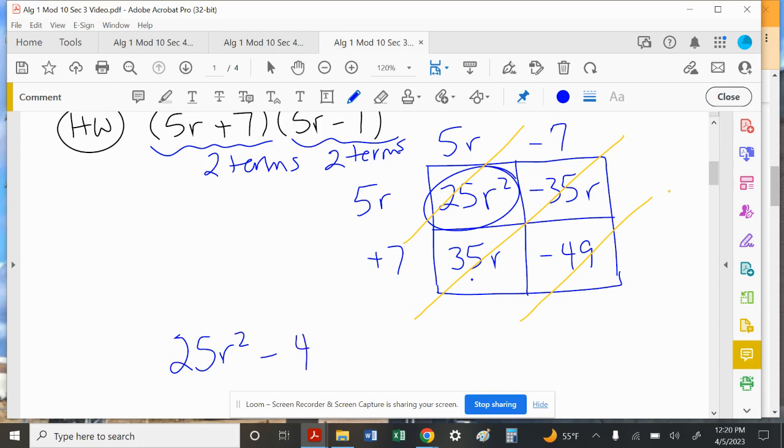And we finally have negative 49. That's my answer. And notice here that in the diagonals, you should have like terms along the diagonals. If you don't, you did something wrong. So you can always look at that and say, okay, did I do this correctly, by checking those diagonals and making sure that those were okay.